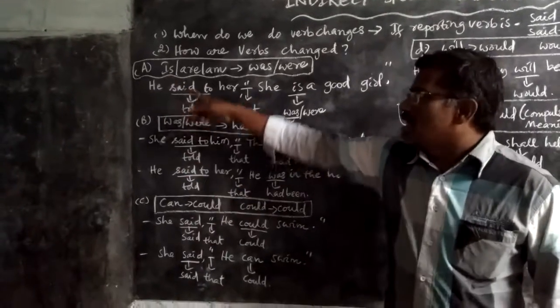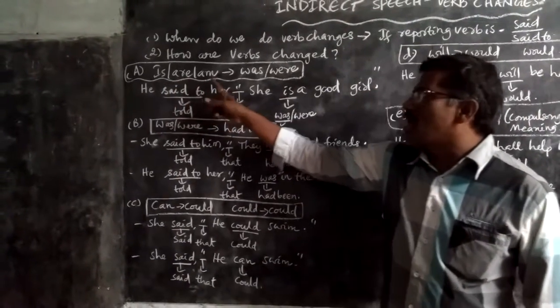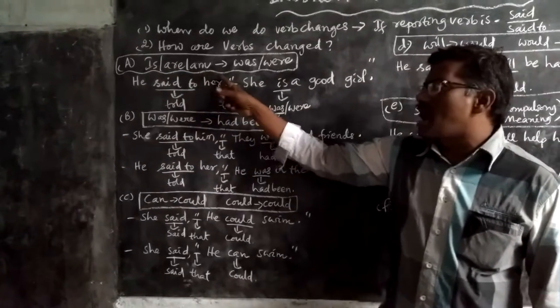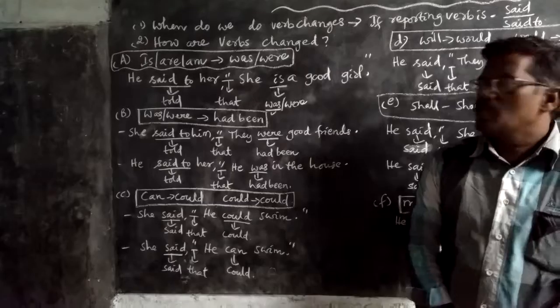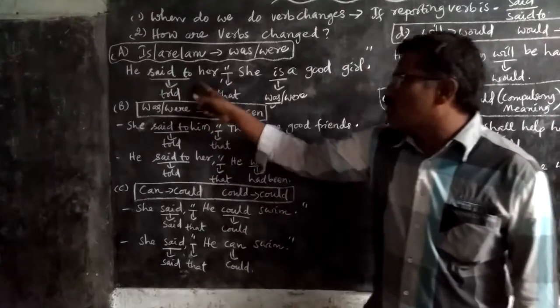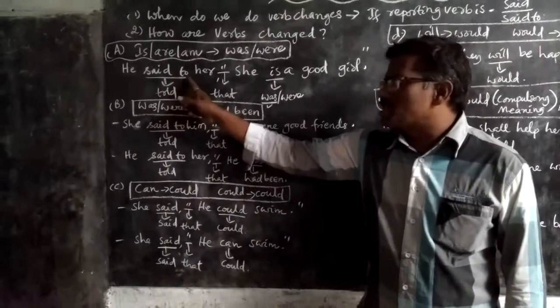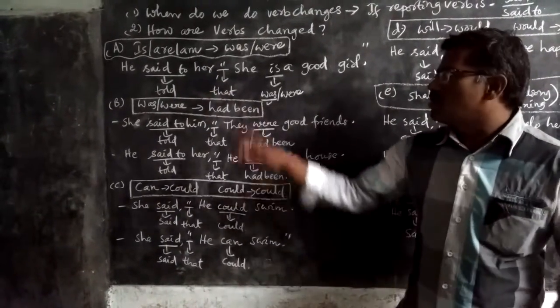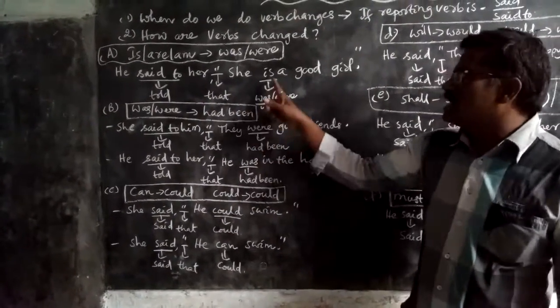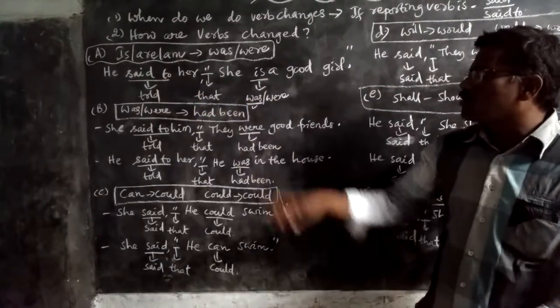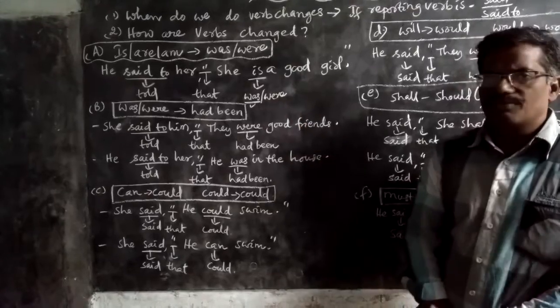First one, if we find is or am, then we can change this is or am into was. Look at this example. He said to her, she is a good girl. Here, said to is there, so we need to make verb change. Here, verb is. So when we find is or am, we have to write was or were.